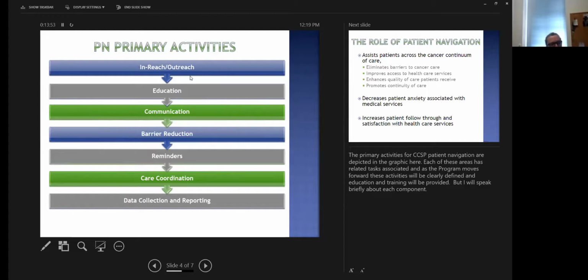However, we do know that ultimately the navigator will help with barrier reduction for treatment, for any adverse event, and then in terms of also ensuring that the patient understands, we ensure that our navigators follow up with each person, so that they're clear about the course of action based on the findings of their specific diagnosis.